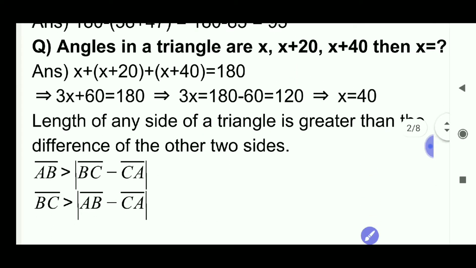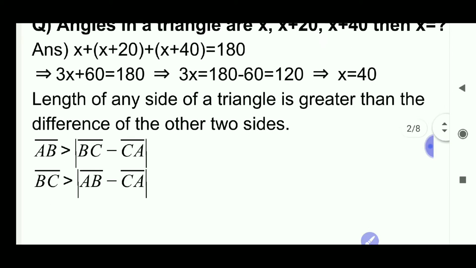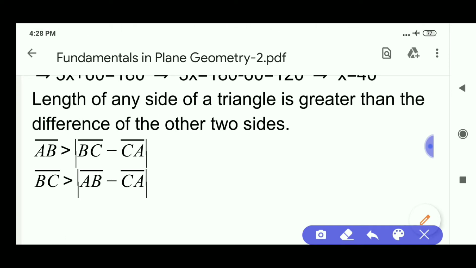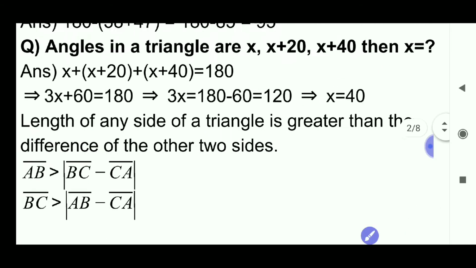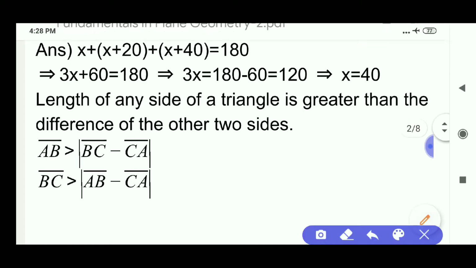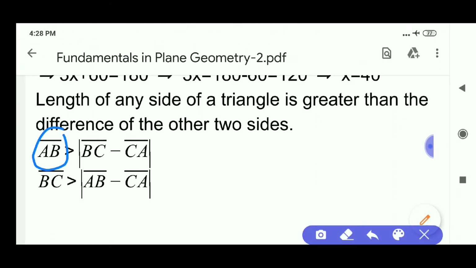Now listen carefully. The length of any side of a triangle is greater than the difference of the other two sides. That means the side AB is greater than the difference of the other two sides.